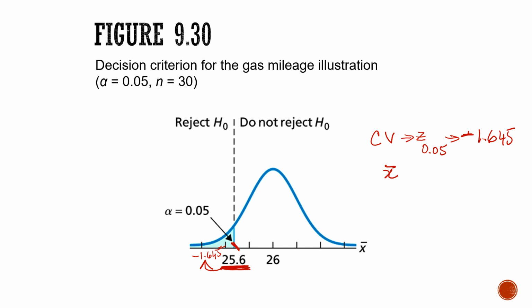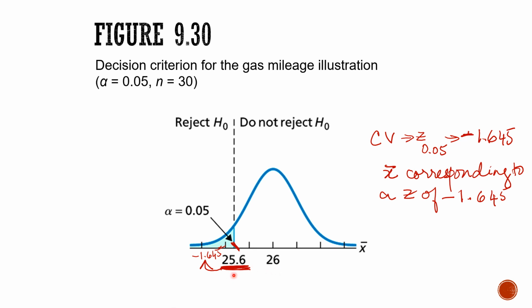The X bar value corresponding to a Z of negative 1.645. That's an exercise we will have to perform as one of the steps to get to calculating the beta value.